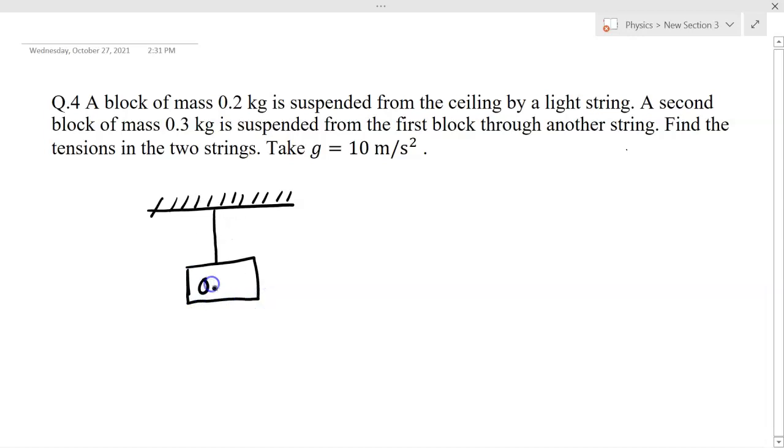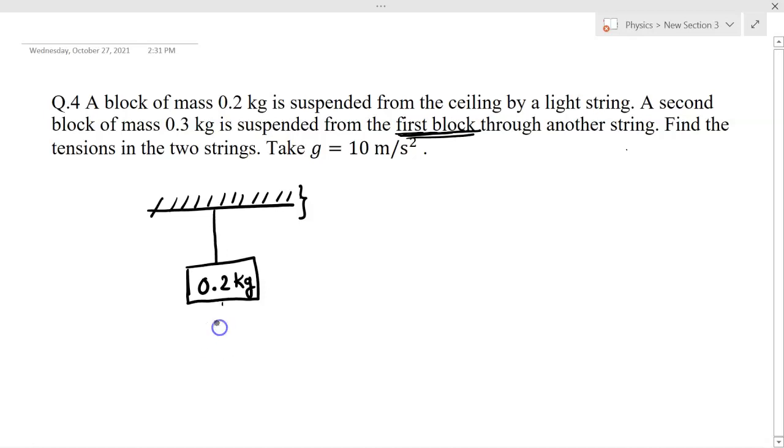This block's mass is 0.2 kg. It is suspended from the ceiling. This is our ceiling. And the second block of mass 0.3 kg is suspended again from the first block through another string. Note here, it is suspended from the first block. So from the first block another string is coming.